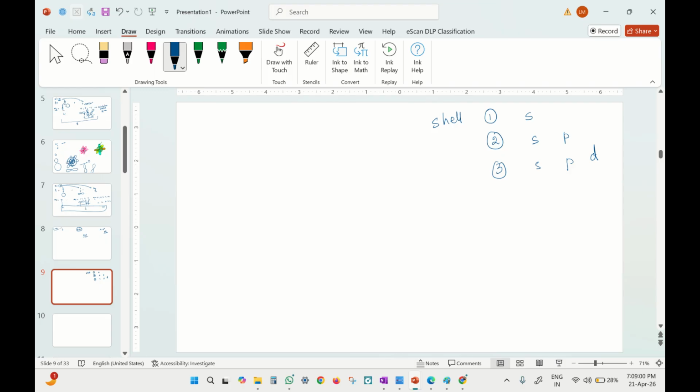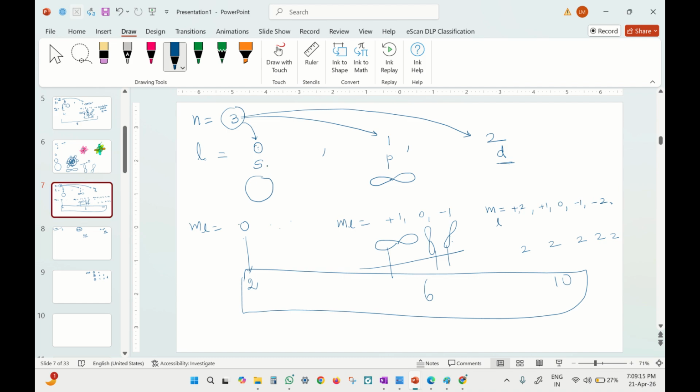Now tell me, in the S subshell of any shell, how many electrons were possible? And in P subshell, how many electrons were possible? Okay, let us go and check once again in the second shell.